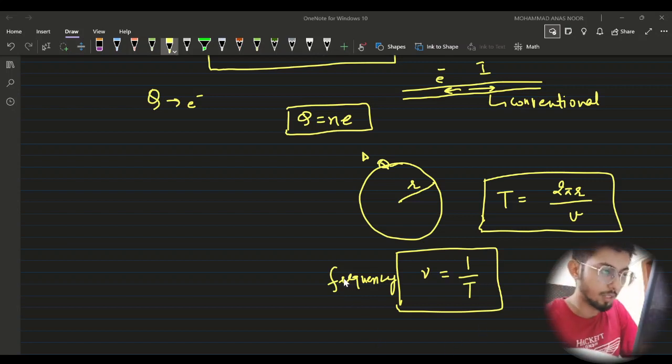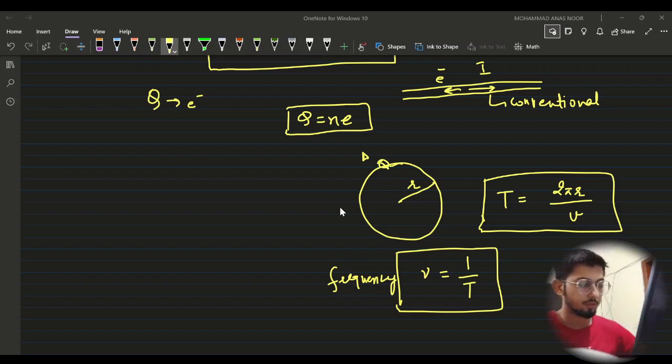Now how do you maintain a steady current in a circuit? Like we want the current for a large amount of time. So this is similar to a water pump which supplies water to a tank. All right, let's see figure 3.4.